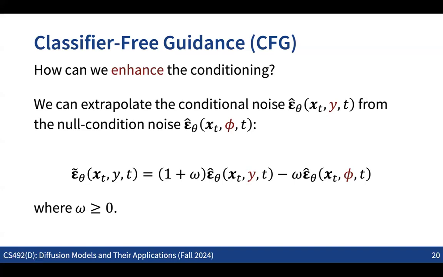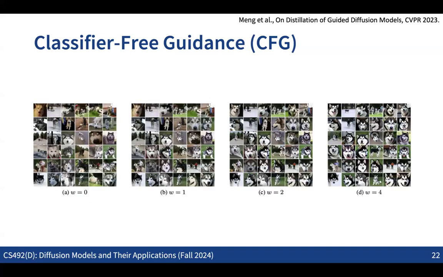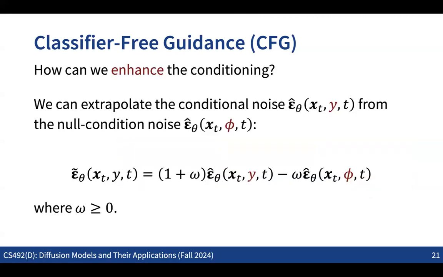So what we are seeing is that if we set w to be 0, going back to the formulation, then we are just purely using this, right? No enhancement, just directly using the noise predicted with the condition.